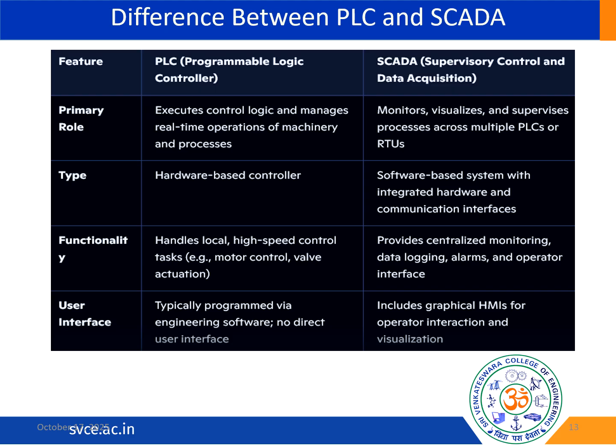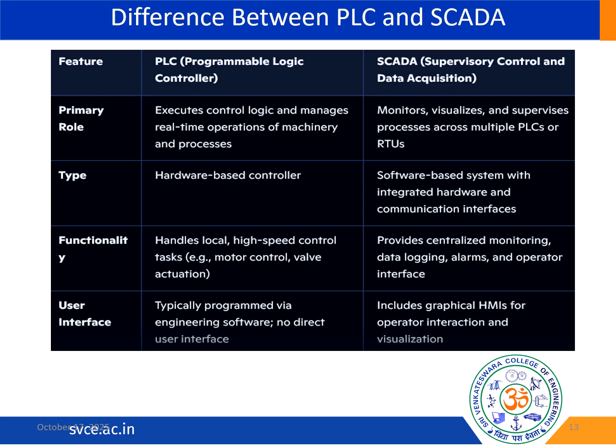When you consider SCADA, it monitors, visualizes, and supervises processes across multiple PLCs and RTUs. Based on type, a PLC is a hardware-based controller, and SCADA is a software-based system with integrated hardware and communication interfaces.